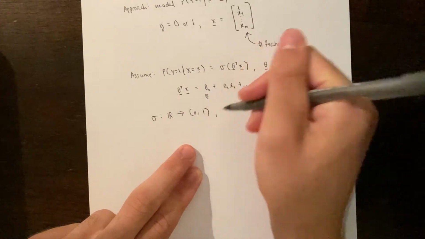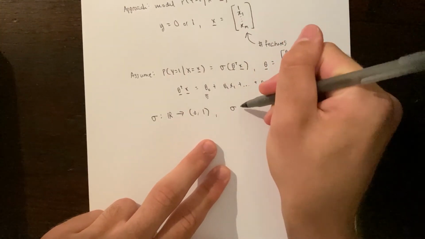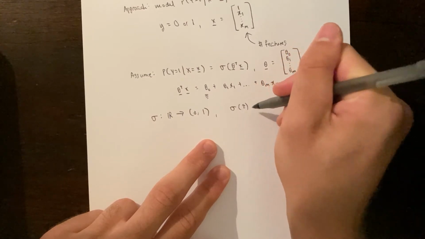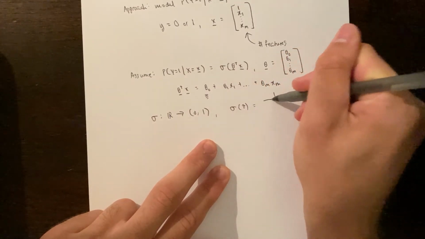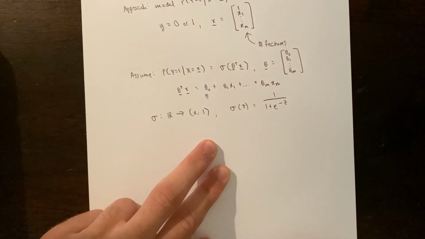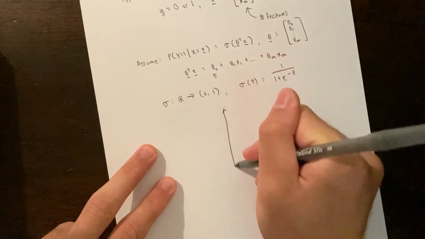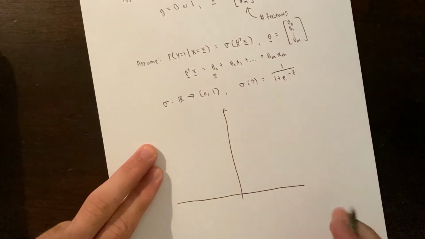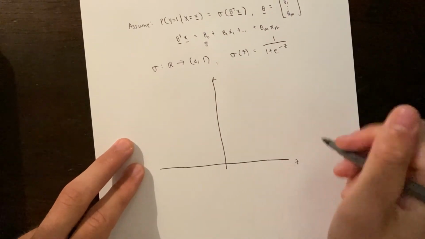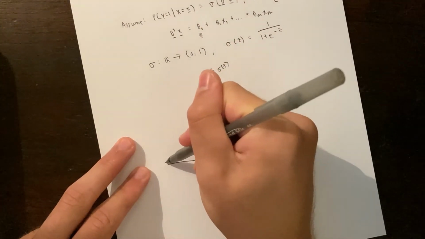And one function that does that is called the logistic or the sigmoid function, and I'll write it as sigma of z is equal to 1 over 1 plus e to the minus z. And here's what it looks like. We have z here, we're plotting sigma of z. The sigmoid function looks something like this.